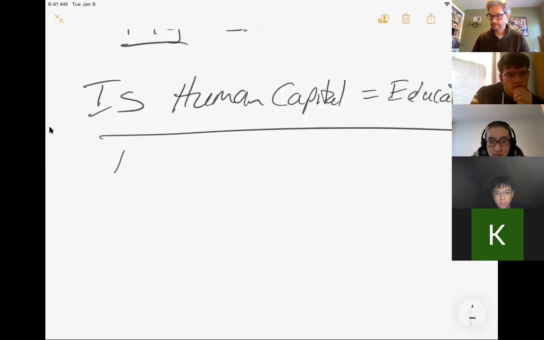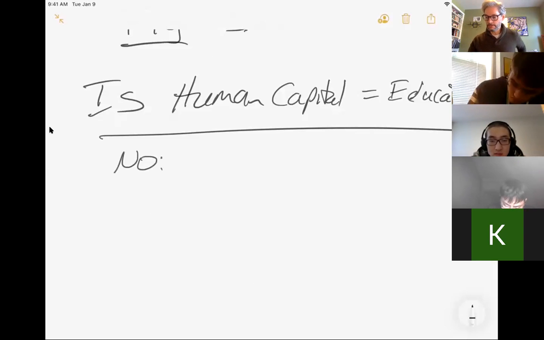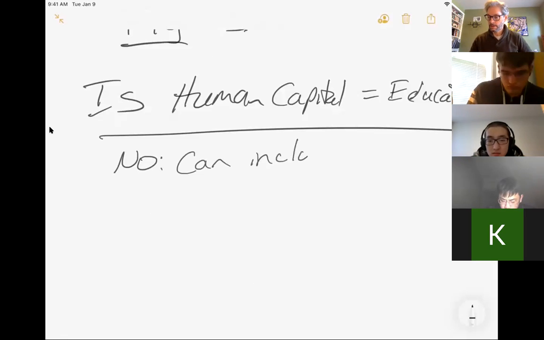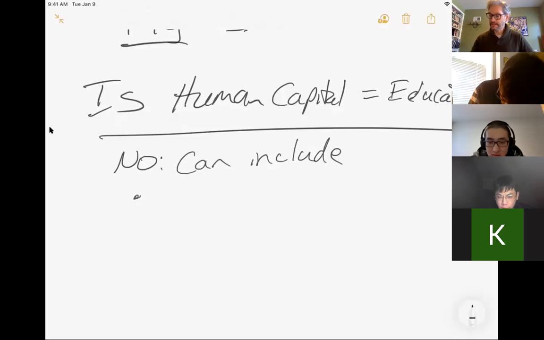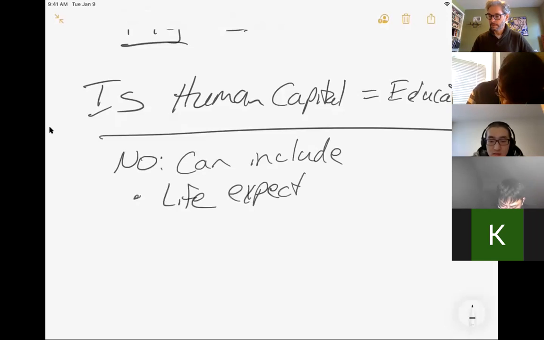No. And in fact, you can include other things empirically that would also contribute to human capital. Things such as life expectancy, right?